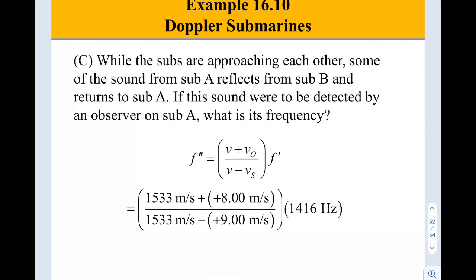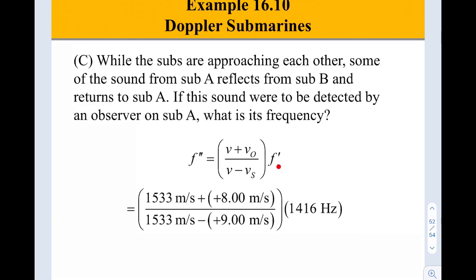For part C, while the subs are approaching each other, some of the sound from sub A reflects from sub B and returns to sub A. If this sound were to be detected by an observer on sub A, what is its frequency? So the received frequency now has the symbol double prime.